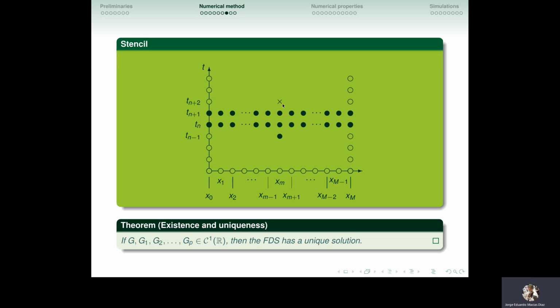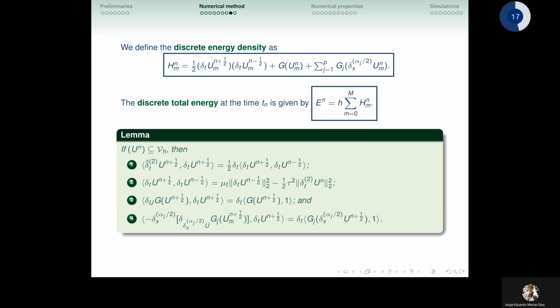This numerical model is an explicit model, which implies that the existence and uniqueness of the numerical solution is guaranteed. So that's no problem. There is also a discrete energy density associated to our model, given by this expression. The total discrete energy at time t_n is given by this formula, which is just the integral of the discrete energy density over the discrete space.